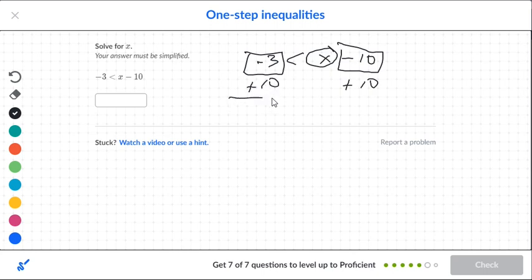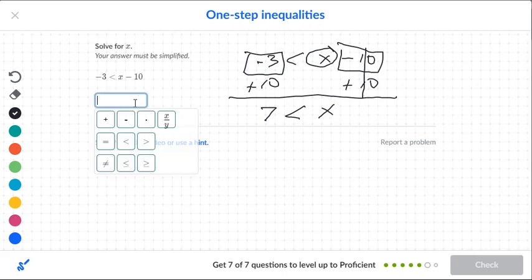So at the beginning here, I get 7, the inequality sign, x. Cross those out. The letter itself is positive, so there's no change in the sign. So I'm going to start with the 7, make sure I press the right inequality sign, and then also put down the letter x.